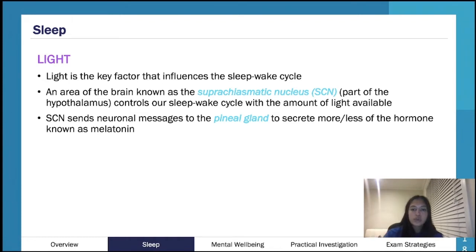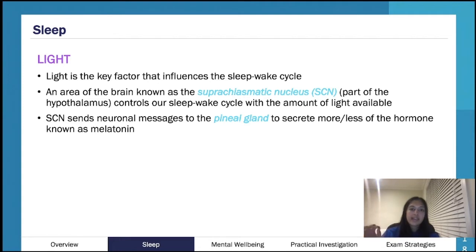So you need to know these areas of the brain. The suprachiasmatic nucleus, or the SCN, is part of your hypothalamus. The hypothalamus is very important in maintaining homeostasis, coordinating the release of hormones and making sure the body is regulated and working nicely. A portion of that is to do with sleep, and this is the suprachiasmatic nucleus.